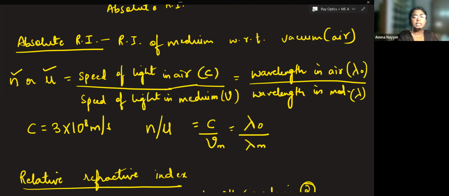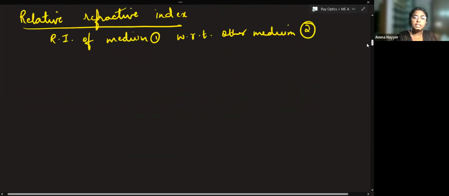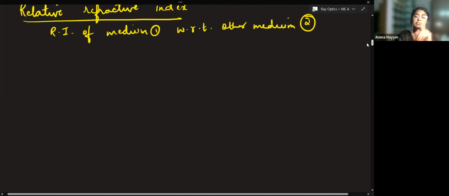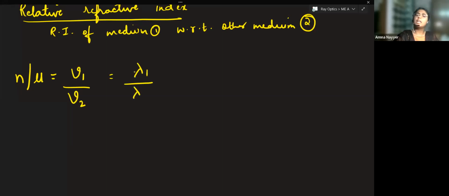Fine. Coming to relative refractive index, this is the refractive index of medium 1 with respect to medium 2. It means one medium will have some V1 and the other will have V2. This will be equal to V1 by V2, which is also lambda 1 by lambda 2. Now, what is V1?